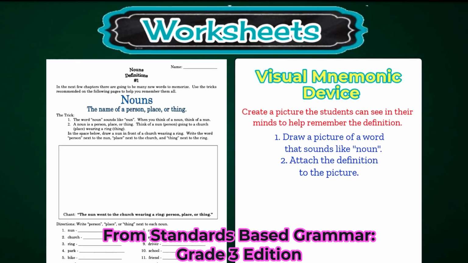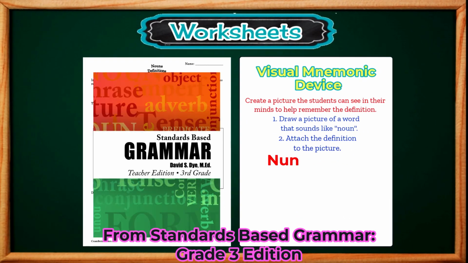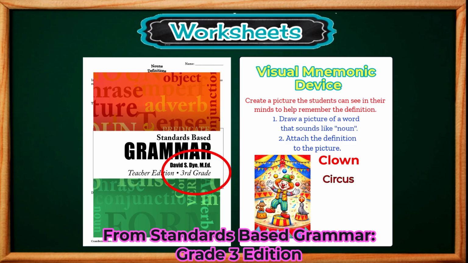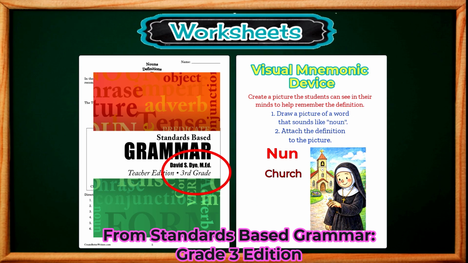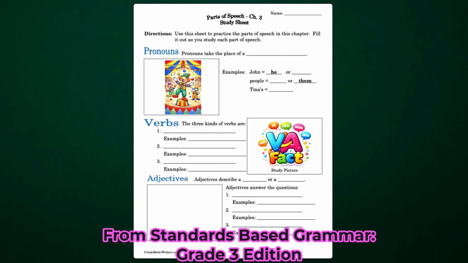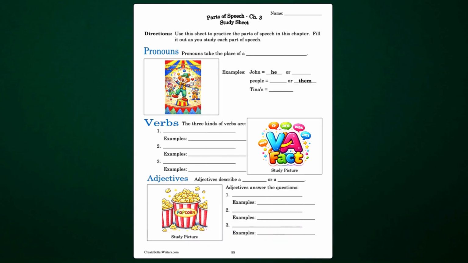In the grades 3 and 4 editions, the students spend a lot more time making these pictures. So if the students have gone through those books, this will be a great review. But the tricks are a great way to lock in the definitions, and the 5th graders have an opportunity to learn those same visual memory tricks and lock in those definitions. They're older, so they'll get it much more quickly.